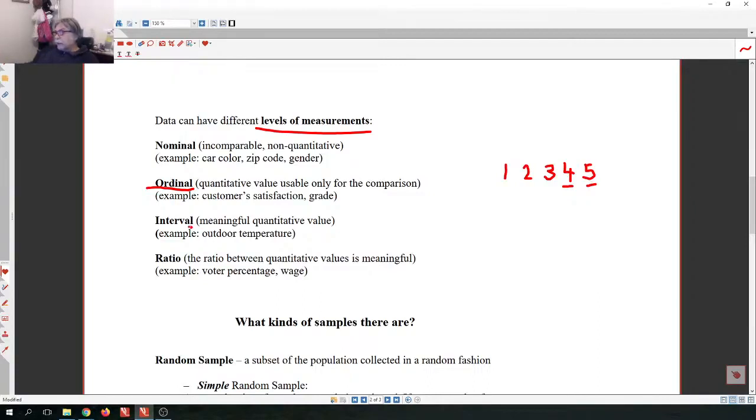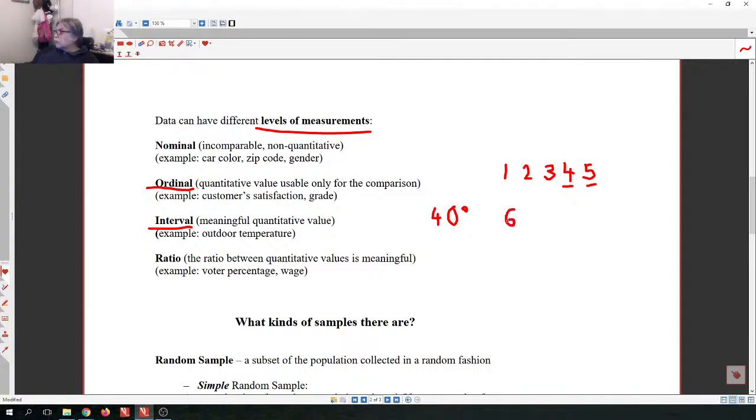Then the next level of measurement, the better, more comparable one, would be the interval level of measurement. You can, for example, talk about outdoor temperature. Now you have perhaps 40 degrees, I'm talking about Fahrenheit, right? 40 degrees Fahrenheit would be relatively cold.